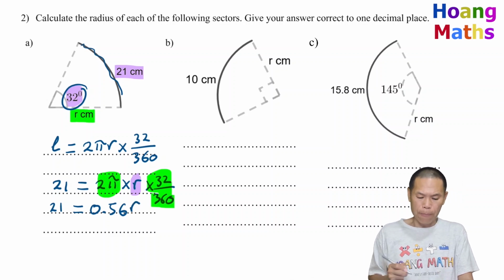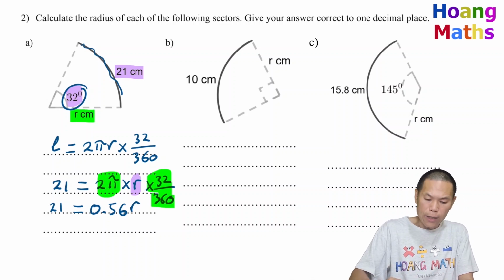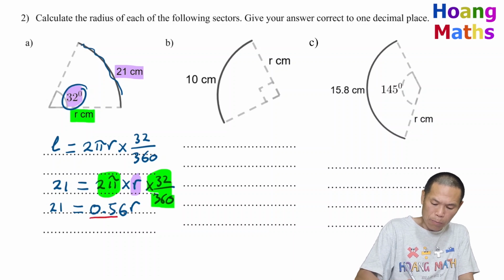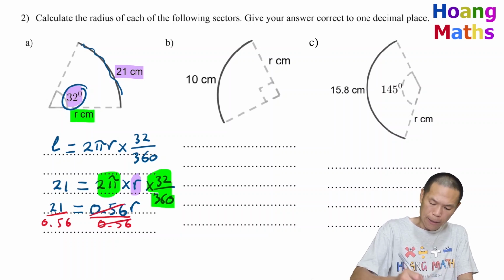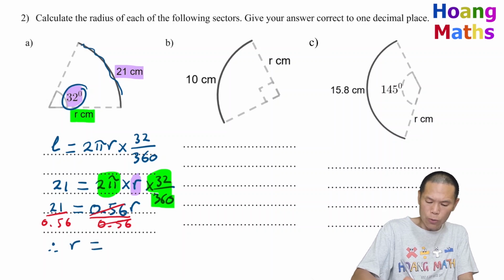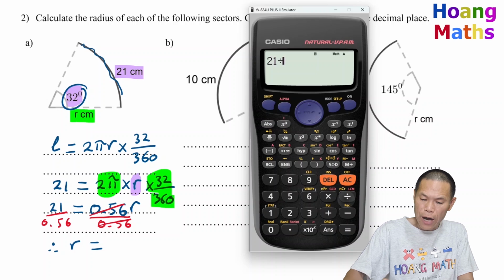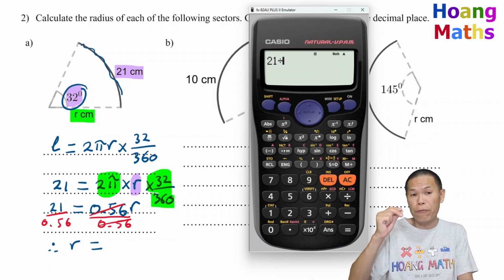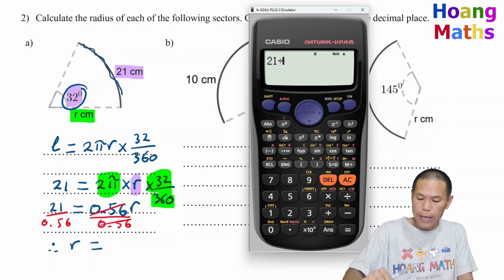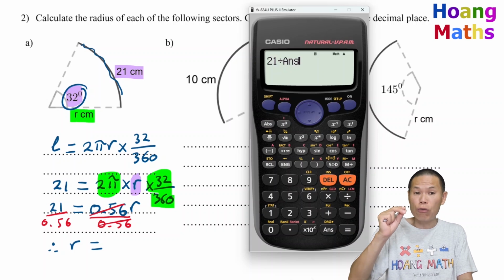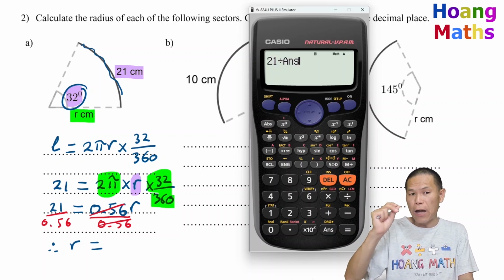So that is r. Then to solve for r, I just need to divide by 0.56, and 0.56 divided by 0.56 cancels out. Just remember that. So therefore, r is equal to 21 divided by, instead of dividing by 0.56, I just press the answer button, which is 0.55 and so on.